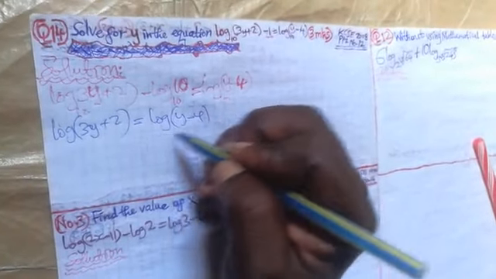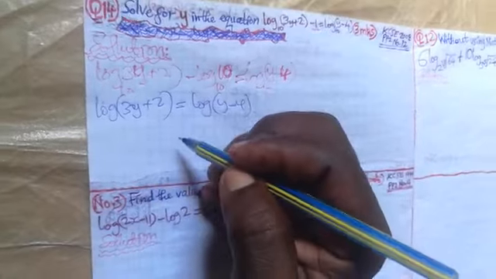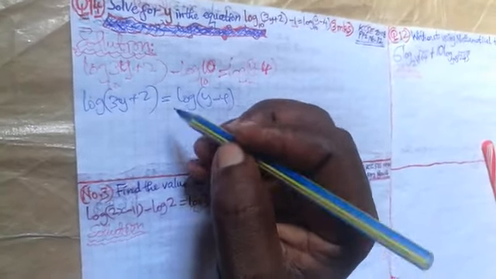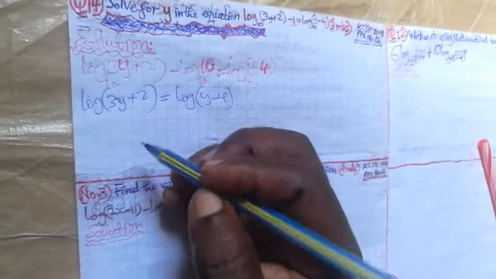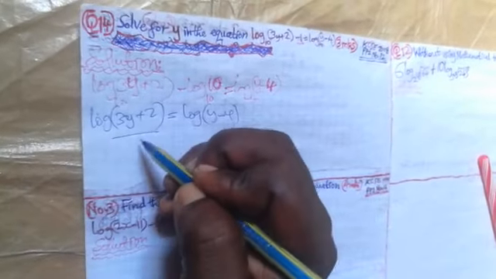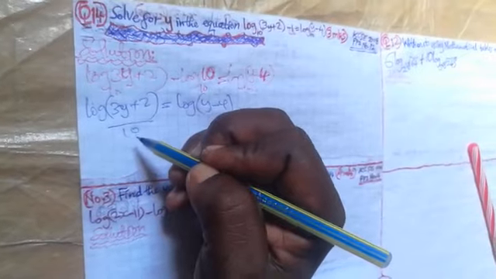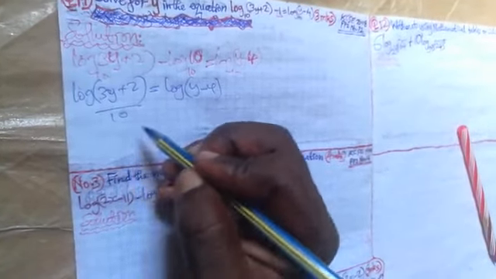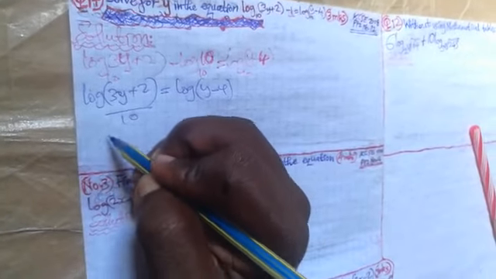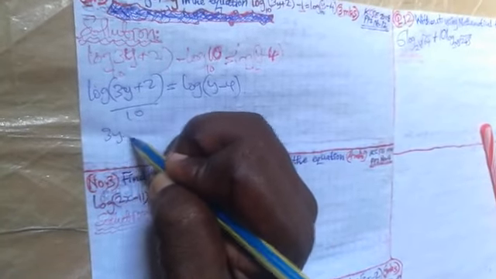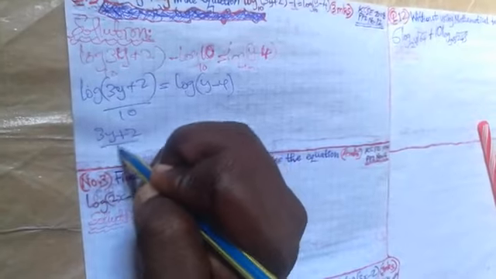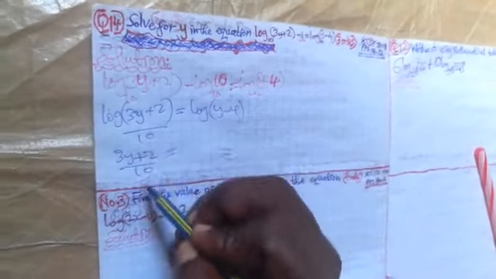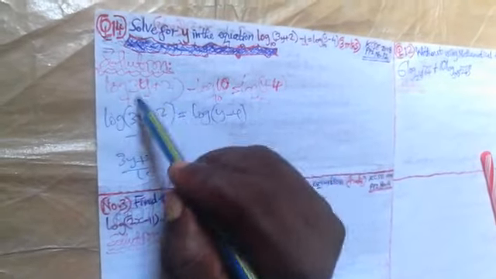Since both are base 10, by dropping the logs in both sides, we say that 3y plus 2 over 10 is equal to y minus 4, because we have dropped the logs.